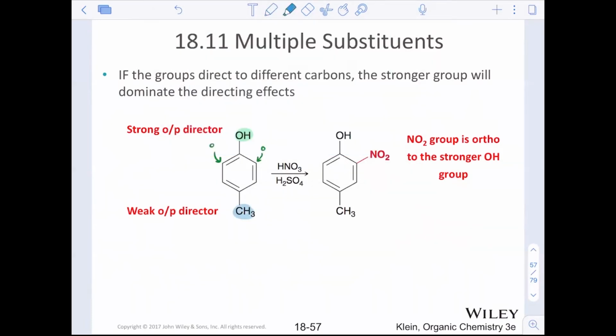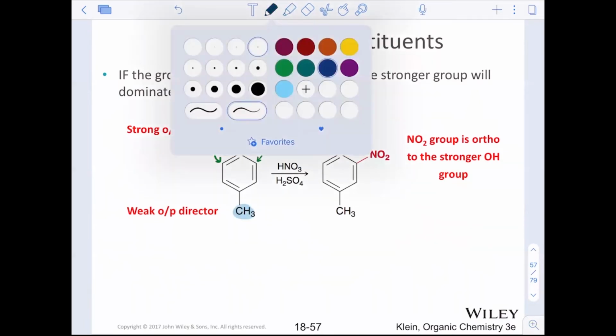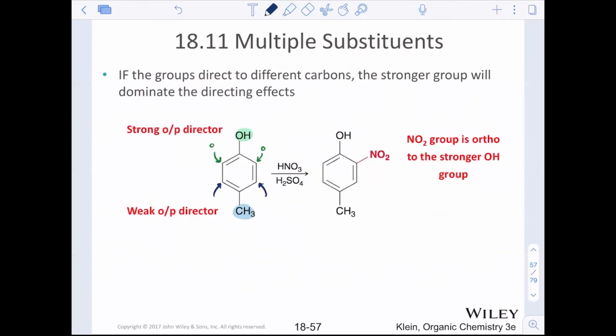The methyl group is also an ortho-para director, but ortho and para to that methyl group is here or here. Now, where are we going to put the nitro group? Well, because oxygen is a stronger ortho-para director, then we are going to follow it. All right, methyl can just go have a day by itself, okay? It doesn't get to participate.